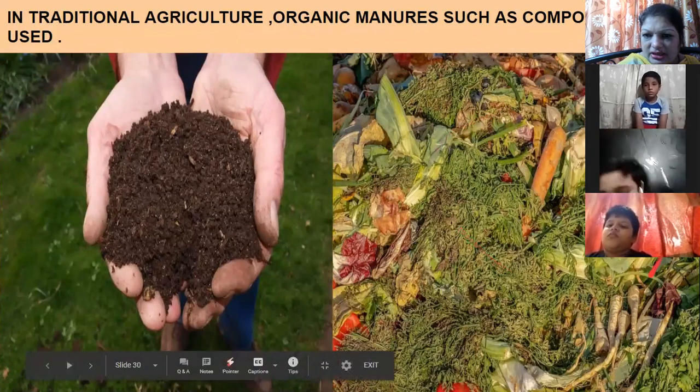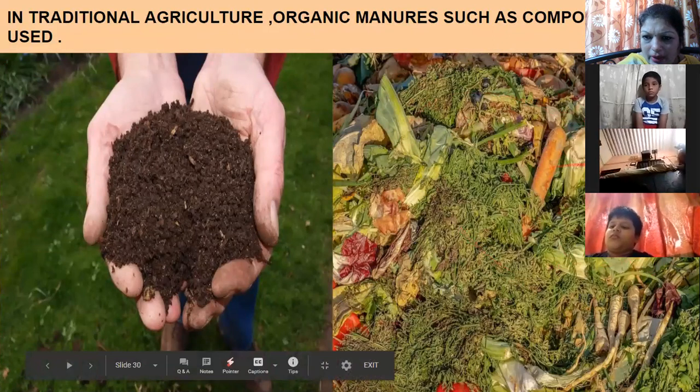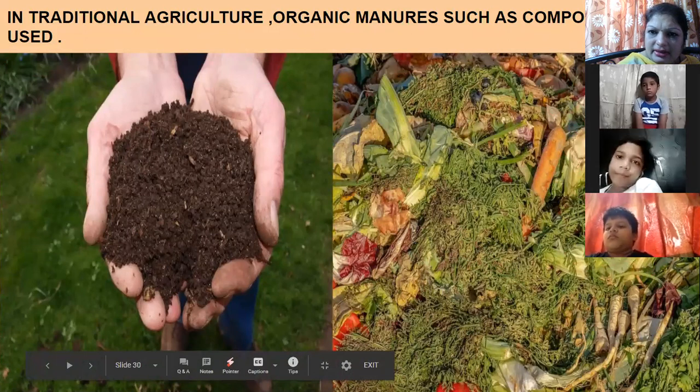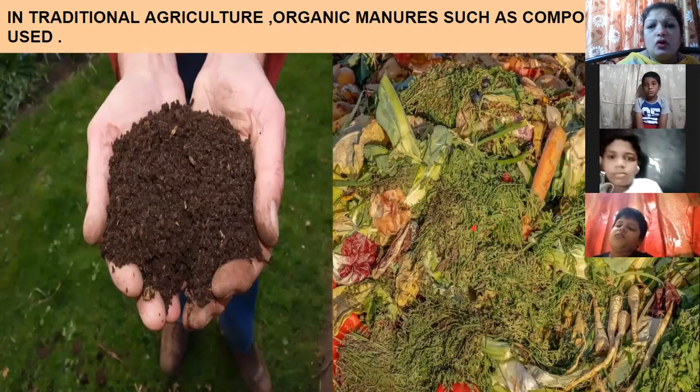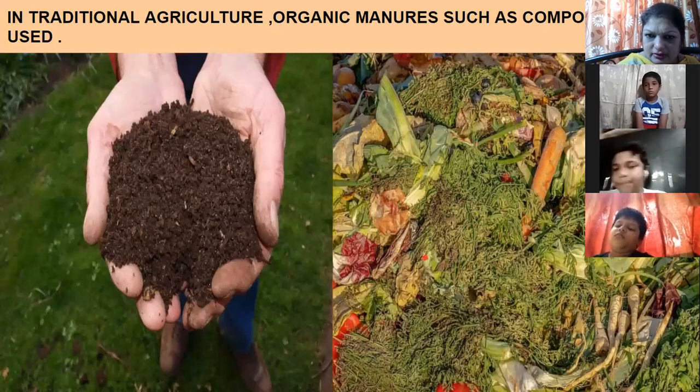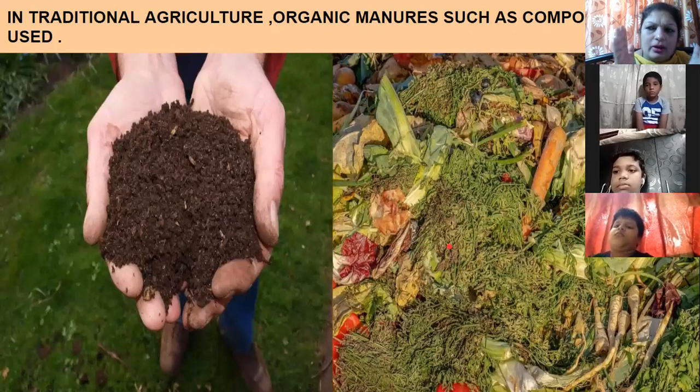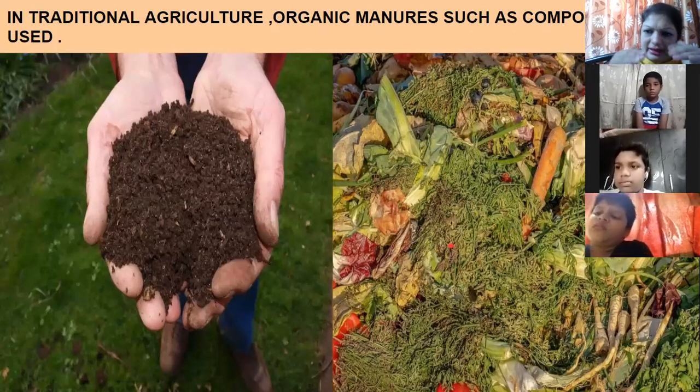See, they collect all this waste. This is wet garbage. Can you see the carrot and the peel of the cabbage and everything? Yeah, this is compost. Okay. So what they do, they collect this, in one ditch, or they make a ditch for it.